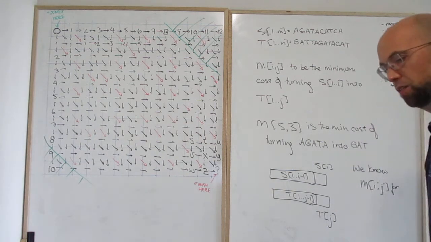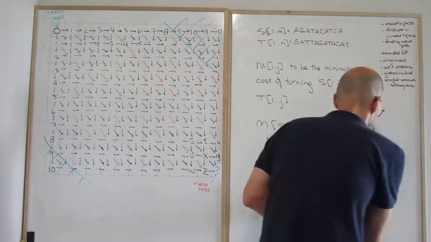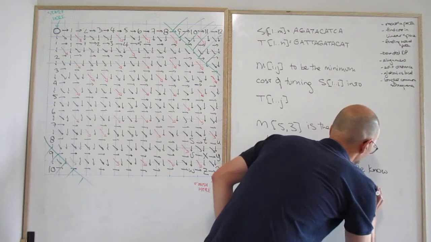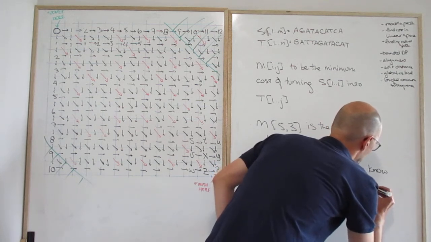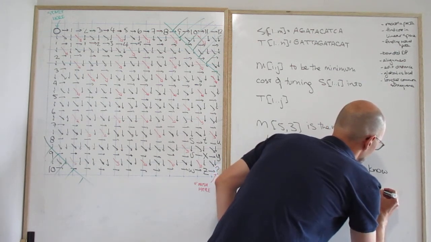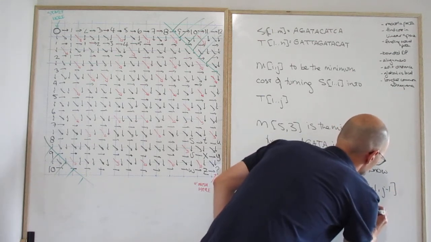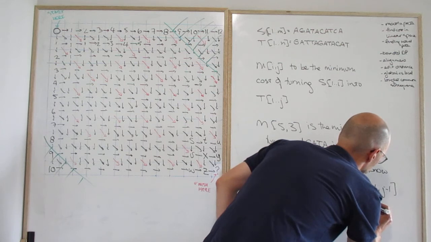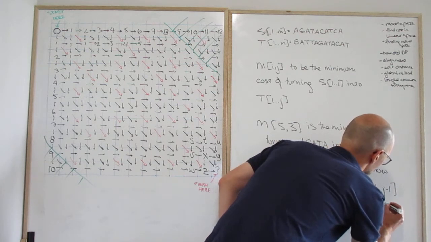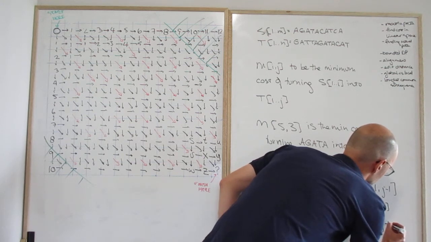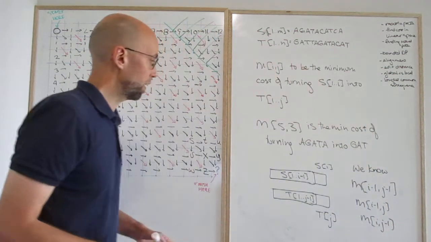In particular, we know M I minus 1, J minus 1, M I minus 1, J, M I, J minus 1.